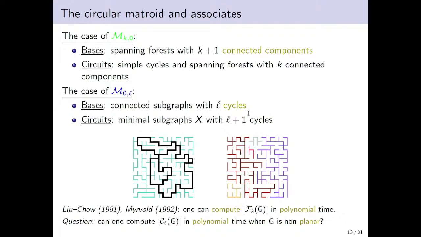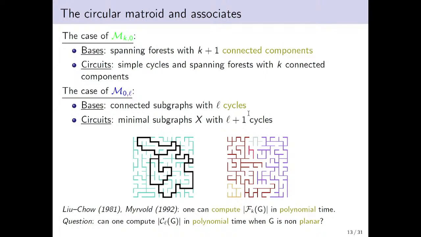Here again, there's an interesting fact about counting the number of bases of each of these. This is a not well enough known result by Liu and Chao, which was a little bit simplified by Myrvold. It gives an explicit formula, which is a linear combination of determinants, but which you can compute in polynomial time, to compute the number of forests with k components.